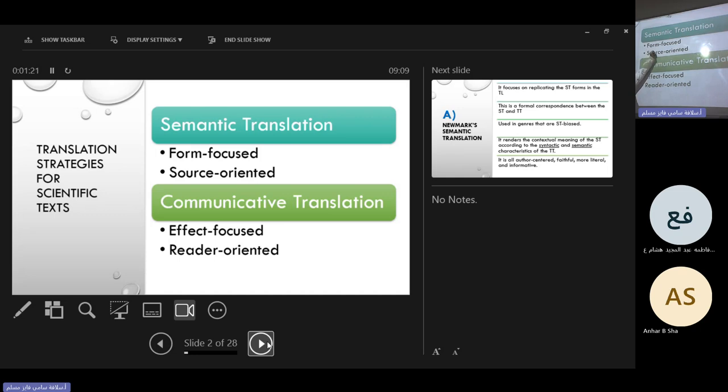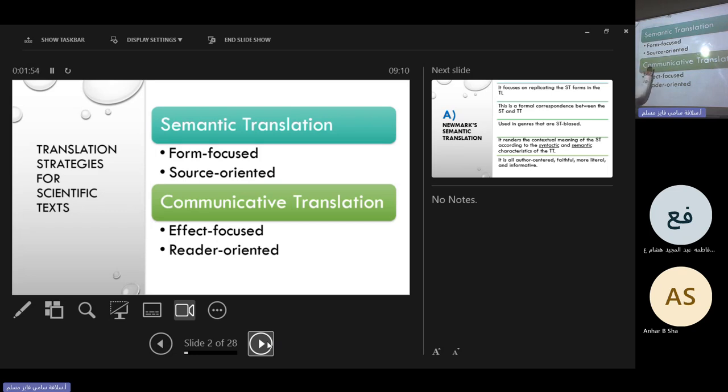If it focuses on the source text, what does source focus mean? It means that it is faithful to the source text. That's why it's source oriented, not target oriented. That's the semantic translation strategy.